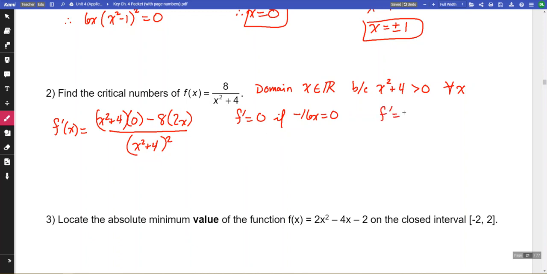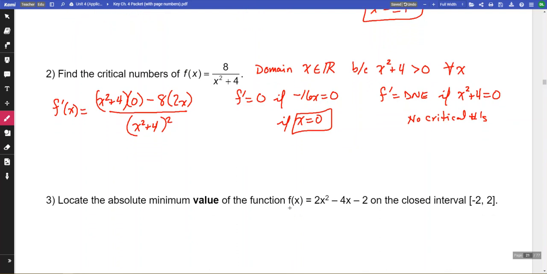F prime will not exist if x squared plus 4 is equal to 0. We know that x squared plus 4 never is equal to 0, so no critical numbers here. And over here, negative 16x is equal to 0 if x is equal to 0, so that is our only critical number. Okay?